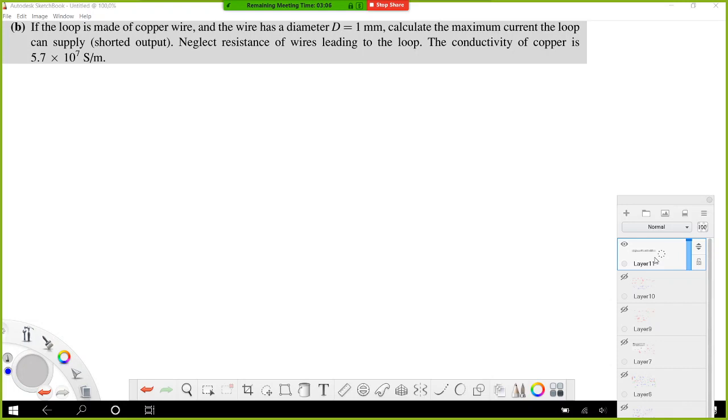Well, in order to find the current flowing through our loop, first of all we need to find the resistance of our loop, and after that with the help of Ohm's law we can find the current.